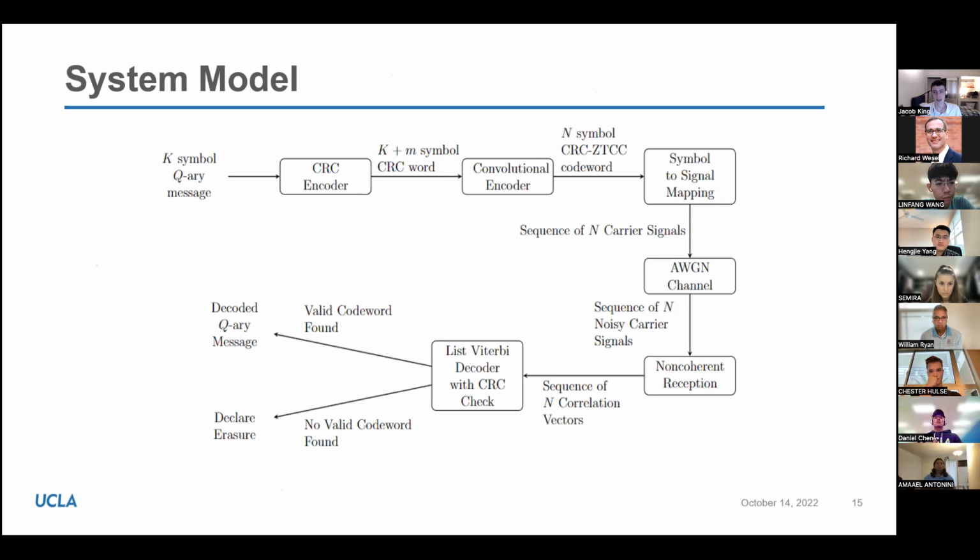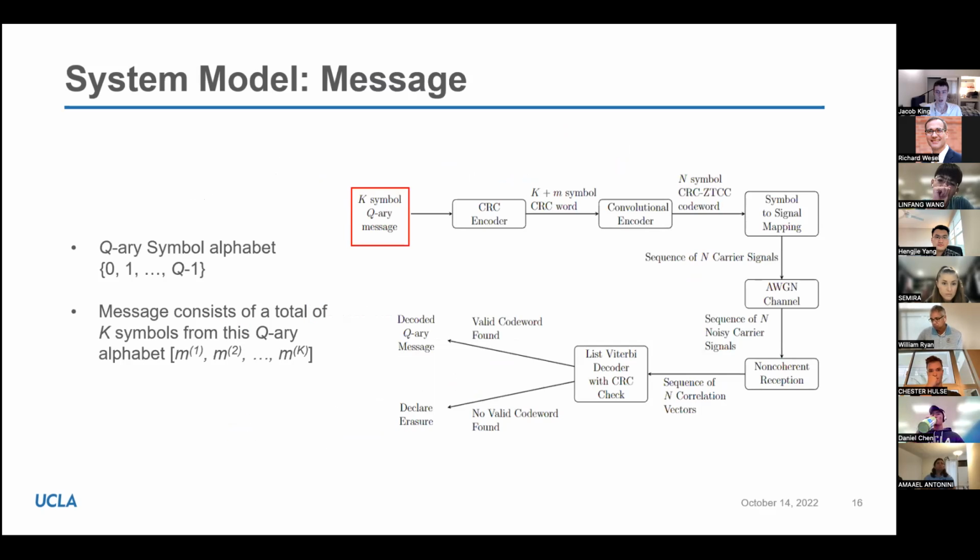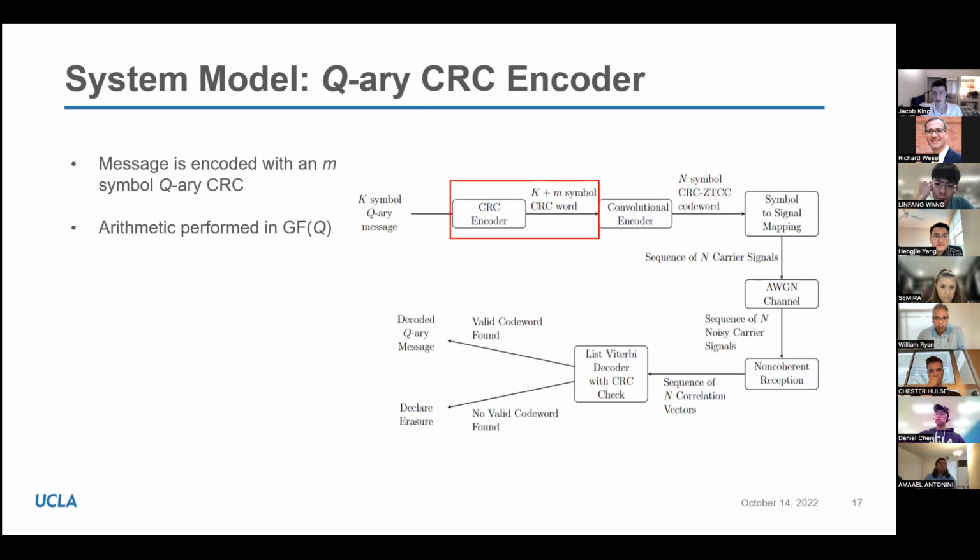Here we can see a block diagram of our system model. We begin with a K-symbol Q-ary message. This message is a string of K symbols from the Q-ary symbol alphabet 0, 1, etc. up to Q-1. This message is then passed through an M-symbol Q-ary CRC encoder. Once again, note that the arithmetic for this encoding is done in the finite field GF(Q).